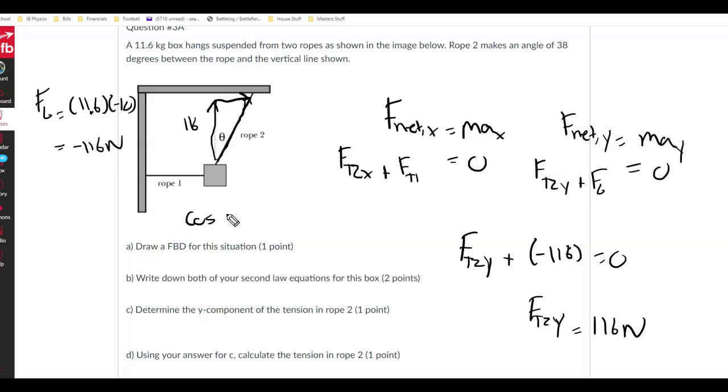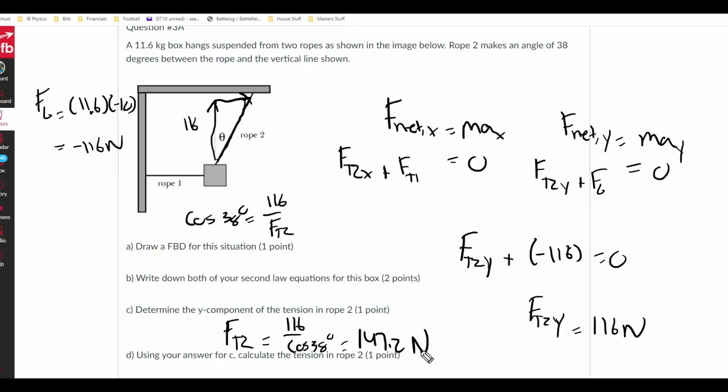So cosine of 38 degrees is equal to 116 divided by Ft2, well, not Ft2y, just Ft2. And so if you rearrange that, you get Ft2 equals 116 divided by cosine 38 degrees. 116 divided by cosine 38 degrees, I get 147.2 newtons. Okay, that is the answer for D.